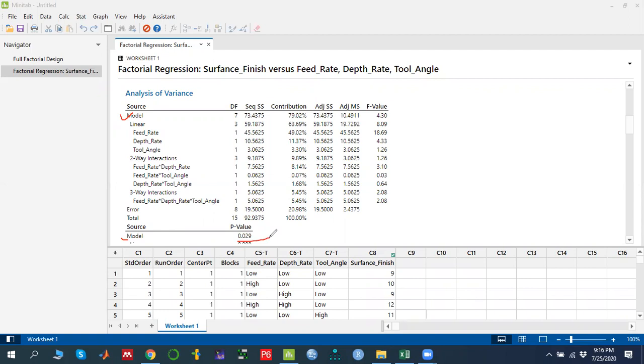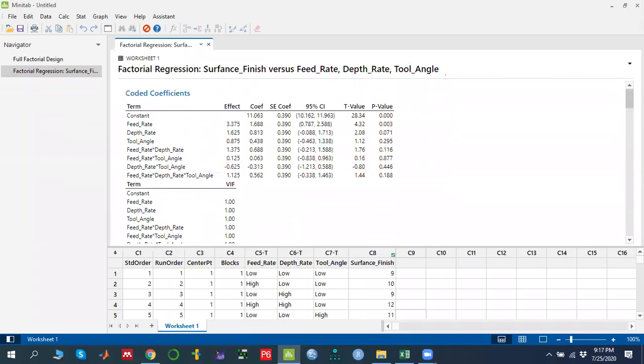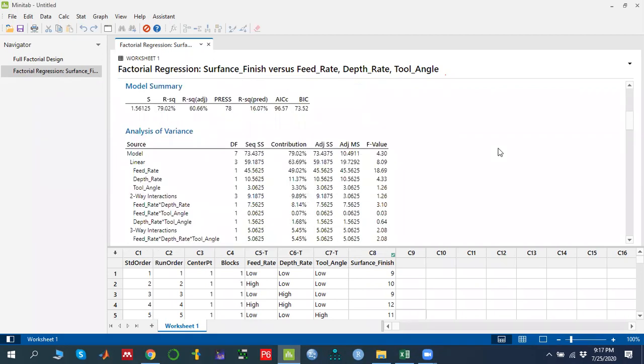We can say that we can rely on the result of this model, which is actually surface finish. Surface finish is equal to the constant coefficient, which we have discussed above. Let me show you again. That is this one, which is 11.063 plus 1.688 feed rate. That is our model, right? So that model is good, right?